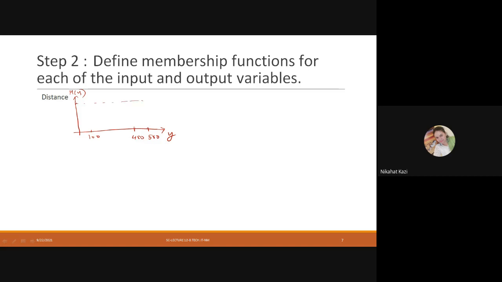Again, the same kind of functions we'll draw for distance. What were the descriptors we had used?